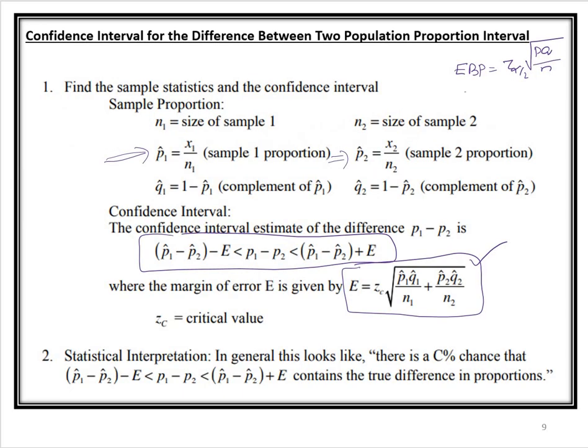Then the confidence interval also. To find it, we need the EBP, error bound proportion, given by Z alpha by 2 into square root of P1 Q1 divided by N1 plus P2 Q2 divided by N2. Once you get the error, you can subtract it from the mean and add it to the mean, and you will get the confidence interval.